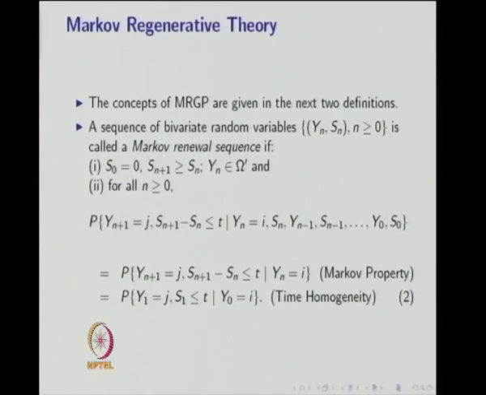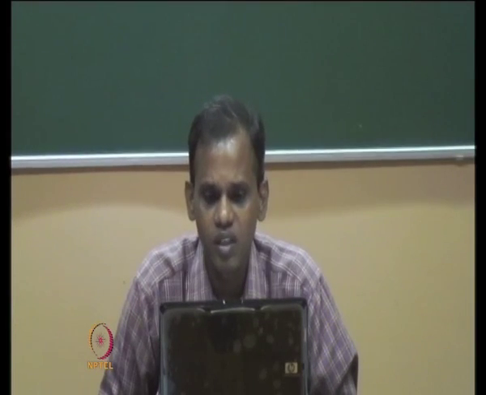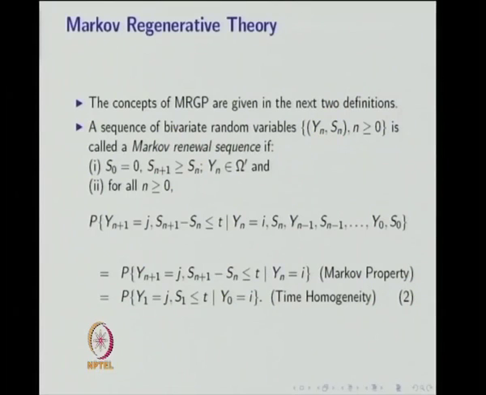S(n+1) is greater than or equal to Sn, and Yn belongs to Omega dash, where Omega is the state space and Omega dash is a subset of Omega, for all n greater than or equal to 0. The conditional distribution has to satisfy this property.